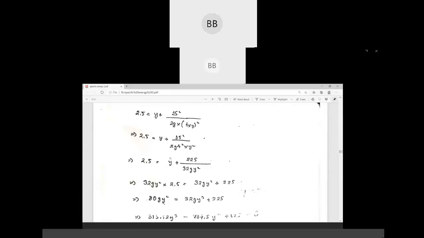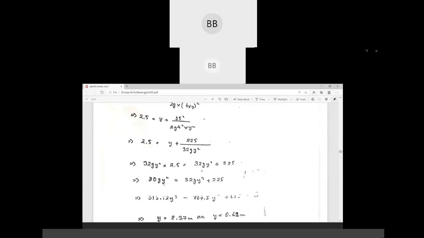If you break it down again, you can take the LCM. That is 4 square is 32, and then 15 square is 225. Then again you do the LCM and cross multiply, and we will come up with a quadratic equation.